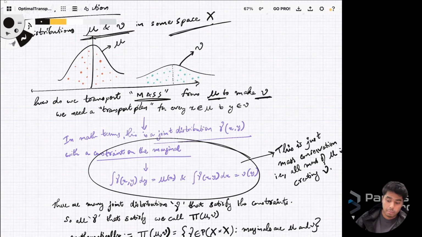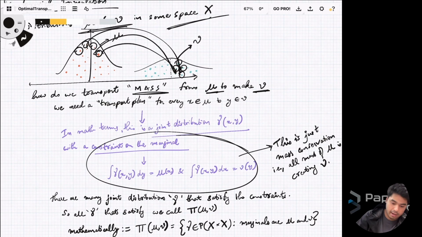We need a transport plan for every x that belongs inside mu to every y that belongs inside v, right? So we need a coupling plan that decides each element in the distribution of mu needs to be mapped to an element in the distribution of v. And we'll consider x for all the elements in mu and y for all the elements in v.